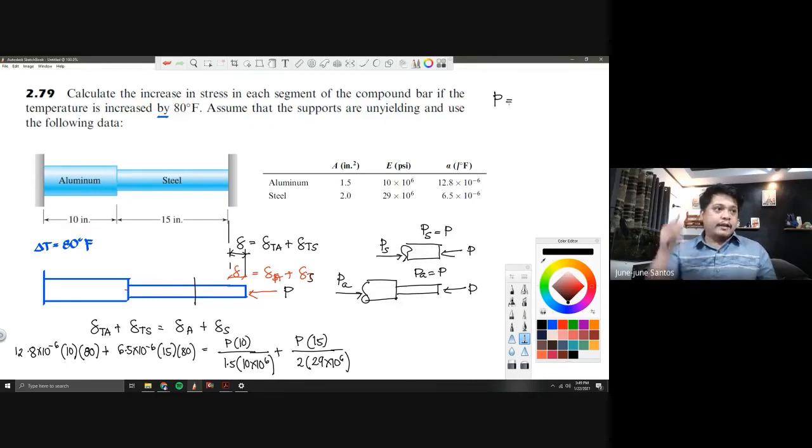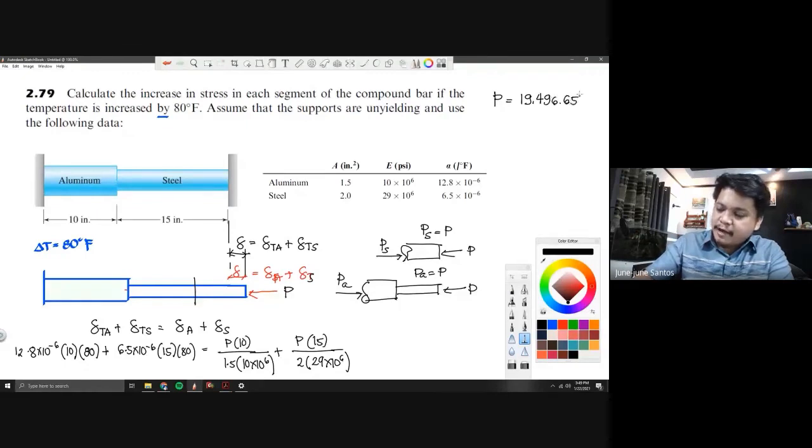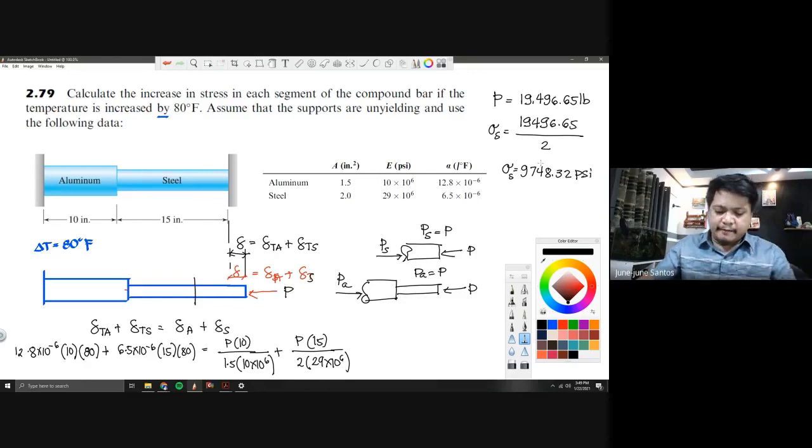And you will be having here the value of P equals 19,496.65 pounds. Okay? So, for the stress of steel, that is 19,496.65 all over the area of the steel, which is 2. So divide by 2. So you will have 9,748.32, and that is in PSI.